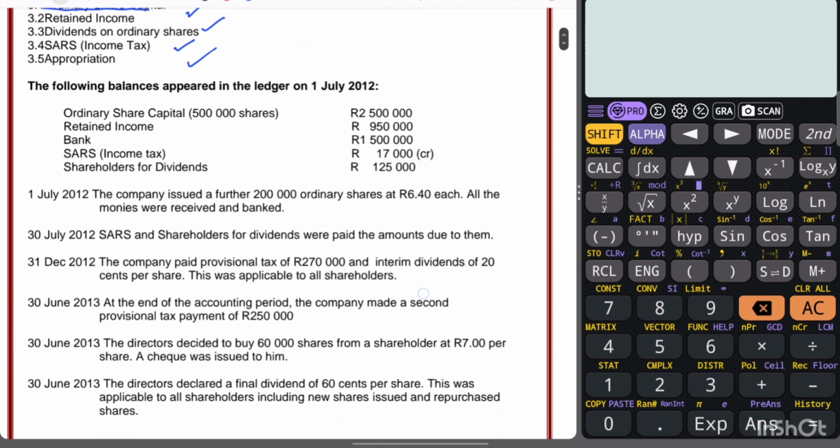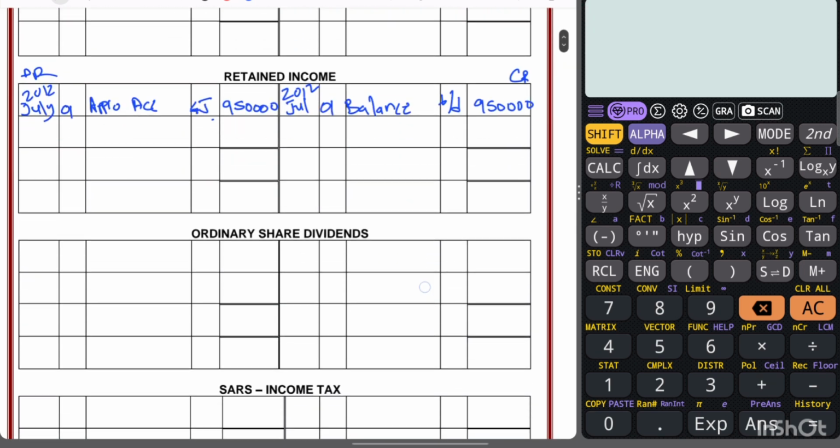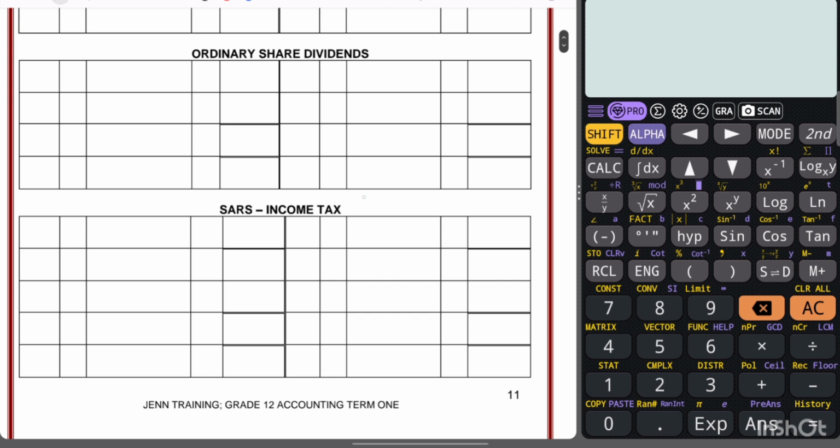The other balance that we need to record is the SARS income tax. Remember, this one is a liability. What do we know about a liability? A liability decreases on the debit side and increases on the credit side.